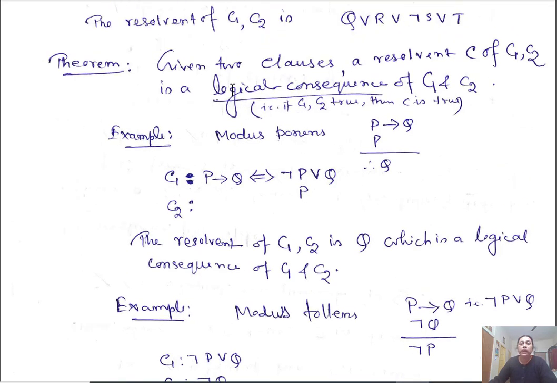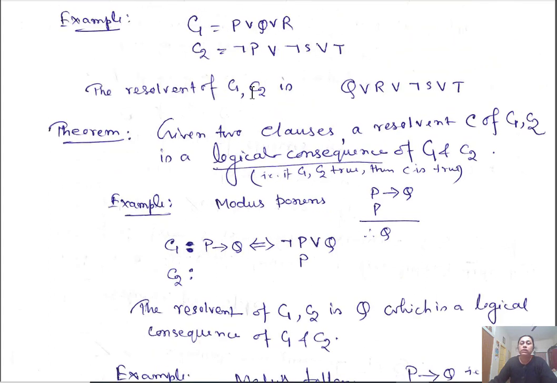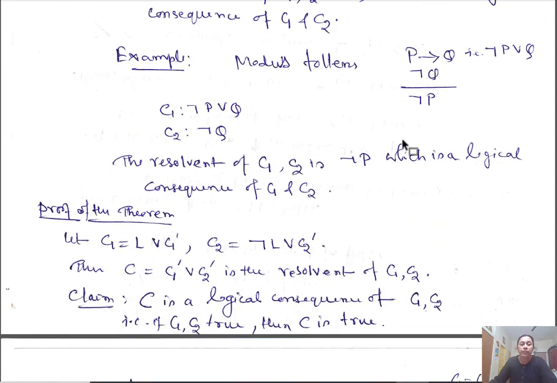Let us prove that if you get the resolvent of C1 and C2 in this way, then that resolvent C is a logical consequence of C1 and C2. That means whenever both C1 and C2 are true, C is also true. This is a very easy proof. To prove the theorem, suppose I have two clauses C1 and C2.